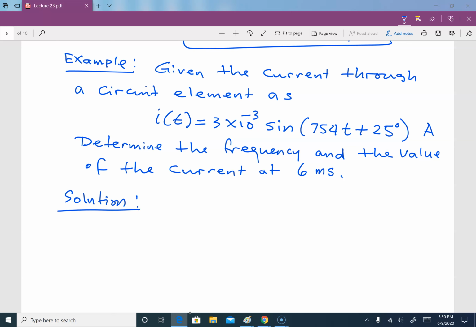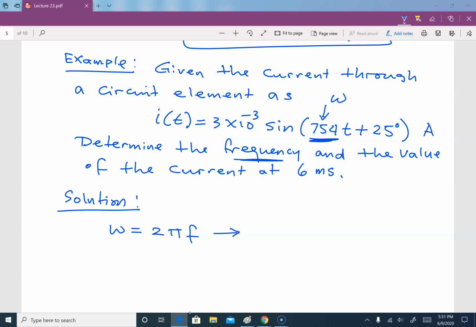How will we do that? First, since the question is asking us to find the frequency, we can say our omega is equal to 2 pi f. The general form of a sinusoidal waveform of current is Im sine omega t plus theta i. So this over here is our omega.